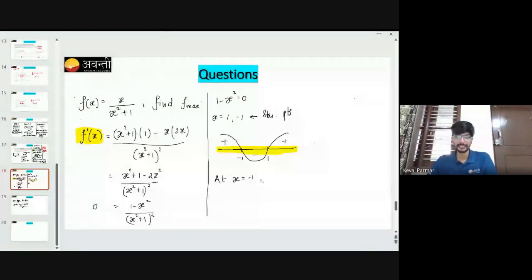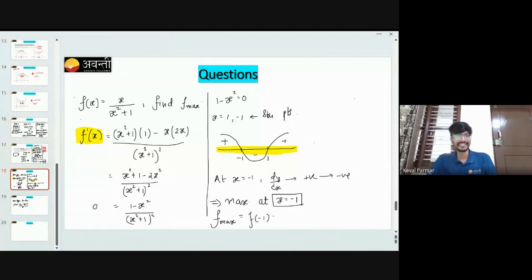So at minus 1, dy by dx goes from positive to negative, which implies maximum at x equals minus 1. So what will be f max? F max will be equal to f of minus 1. Okay, so f max is minus half.